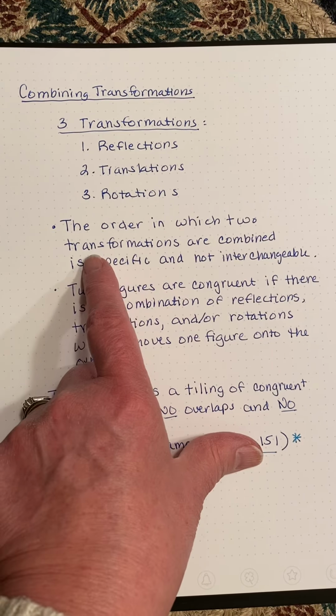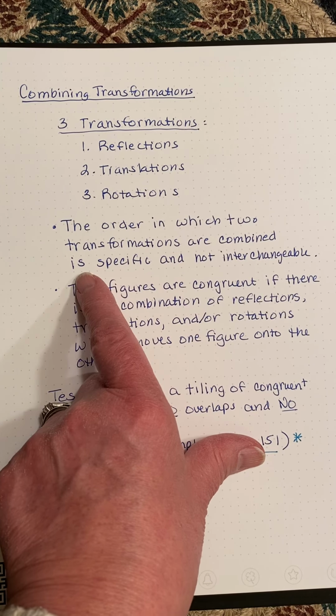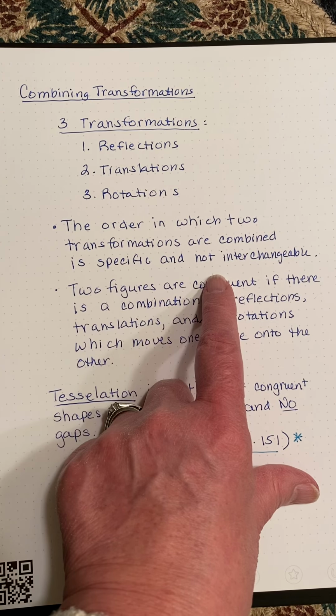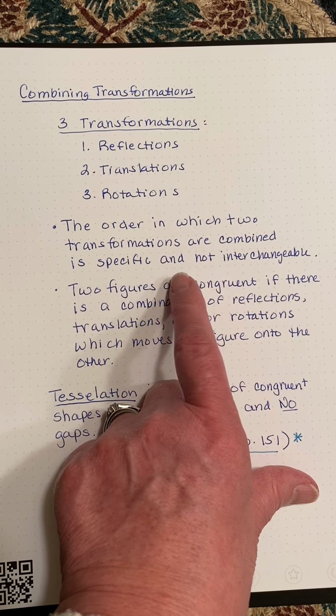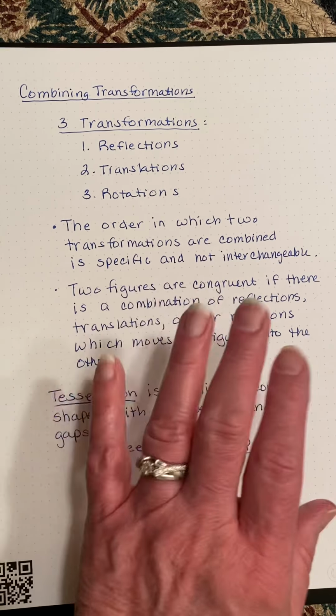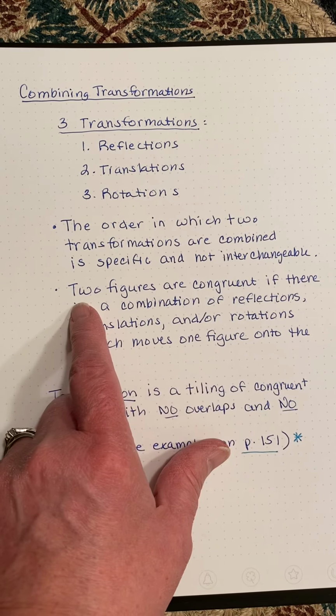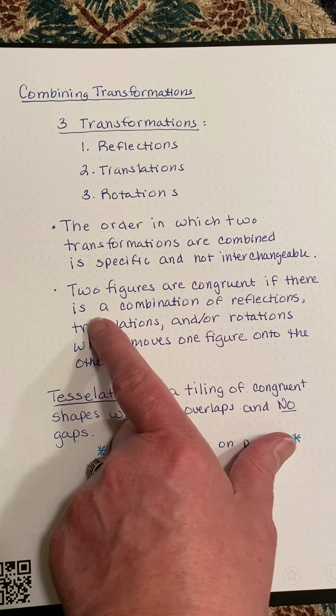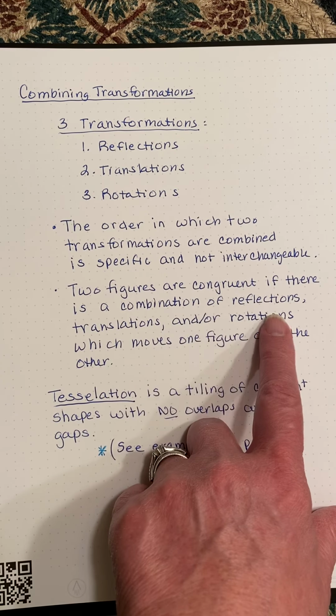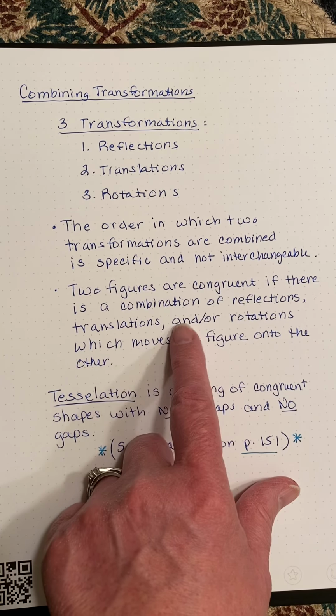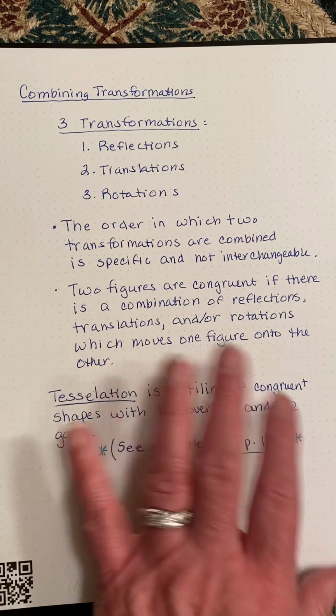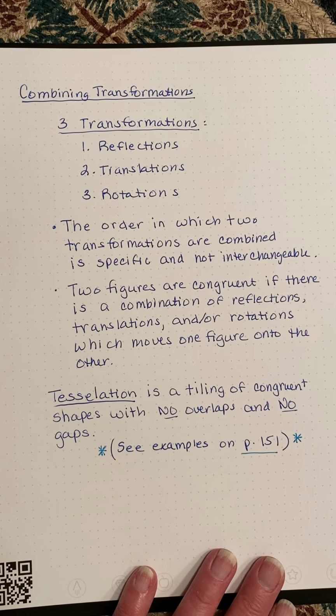The order in which 2 transformations are combined is specific and not interchangeable. So if it tells you one way, you can't flip anything. 2 figures are congruent if there is a combination of reflections, translations, and/or rotations which moves one figure onto the other.